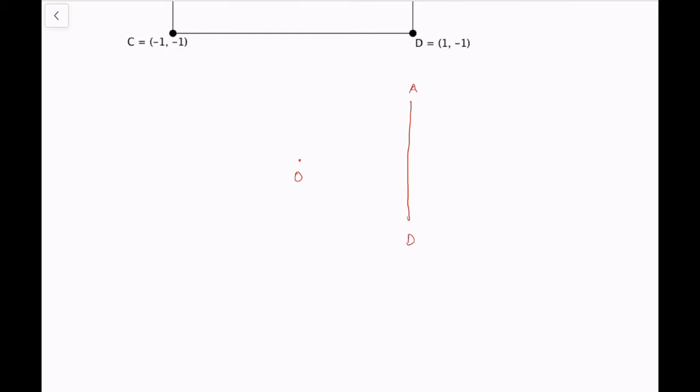Now, there should be some sort of a borderline between them, right? Borderline points. What do I mean by that? Points which are equidistant from O and AD. So let's mark the two distances in blue.